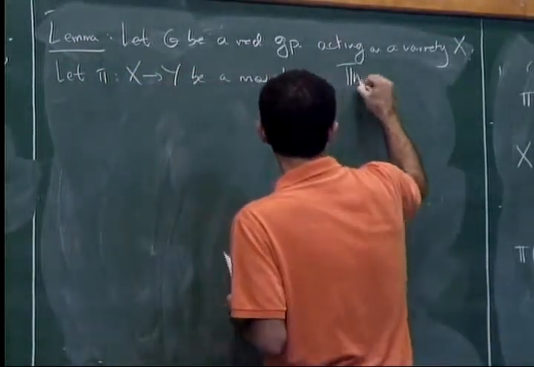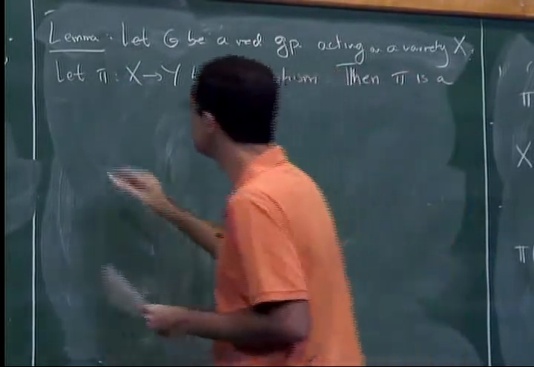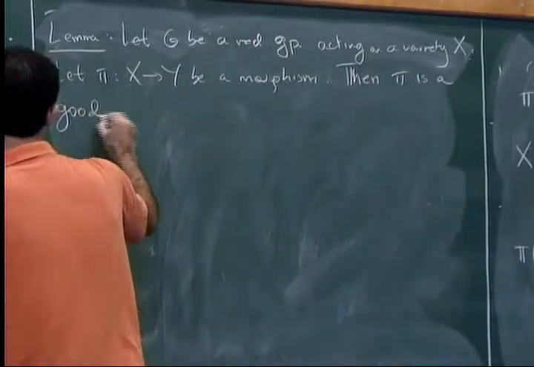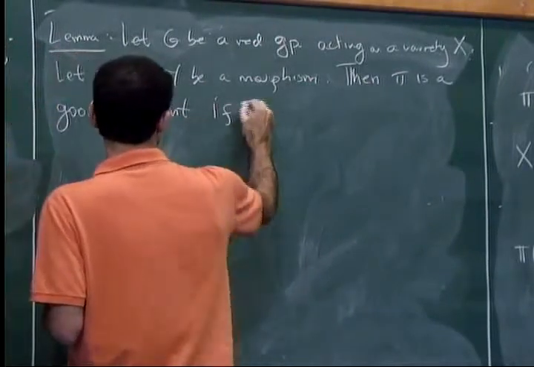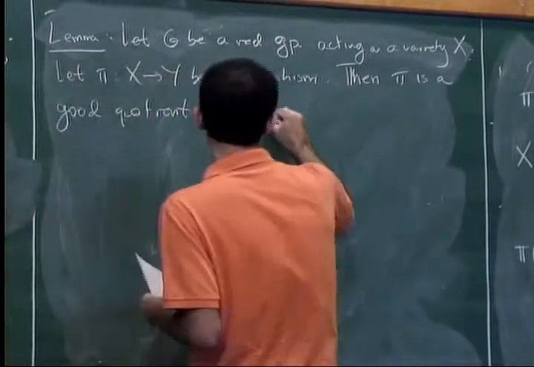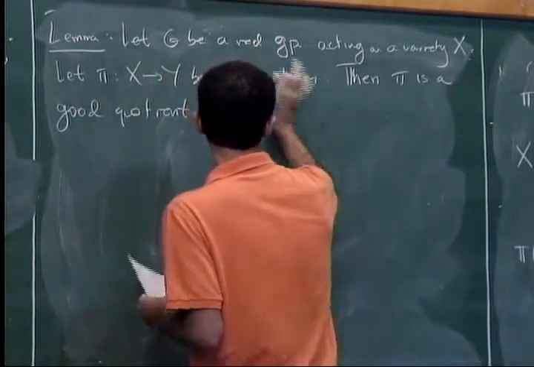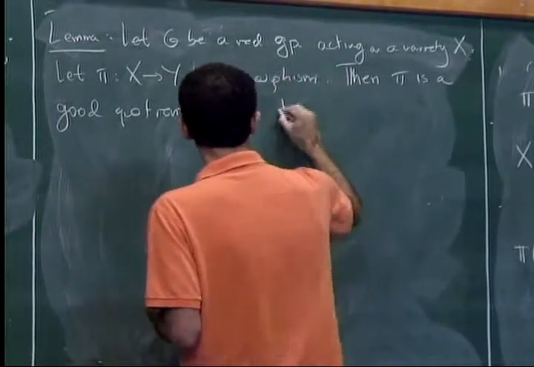Then pi is a good quotient if and only if the following conditions are verified.